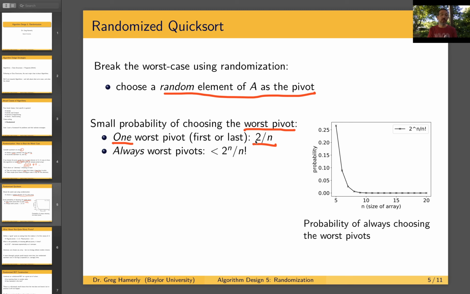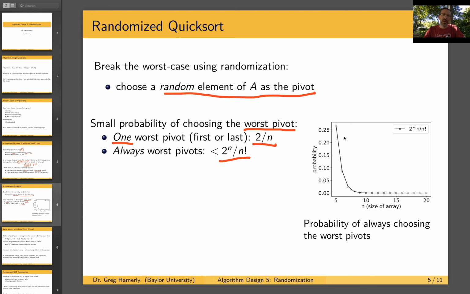And what are the chances that we pick the worst pivot every single time? Well, it's not exactly this, but it's upper bounded by this, basically raised to the power of the number of times that we make that worst case decision, which is something like 2 to the n over n factorial. And that 2 to the n looks big, but n factorial is much bigger. And so we've plotted this probability over here.